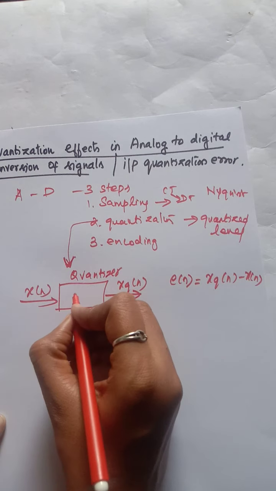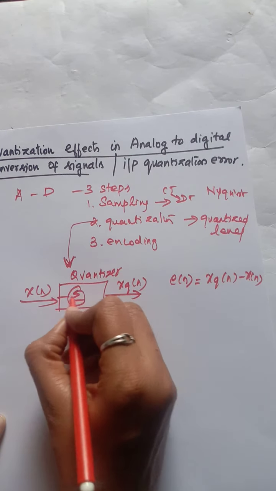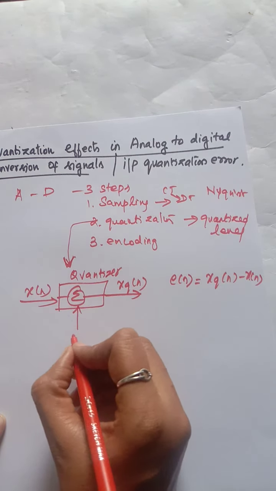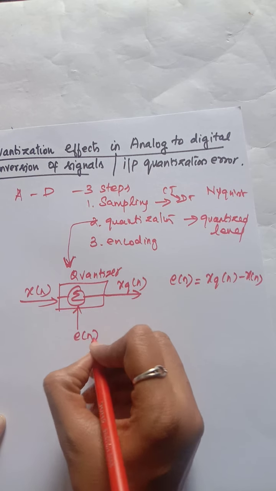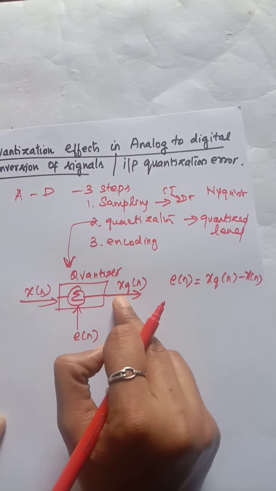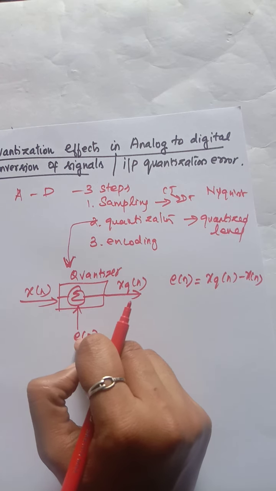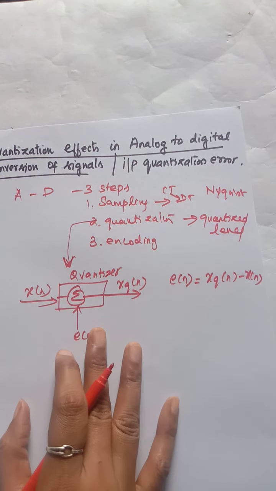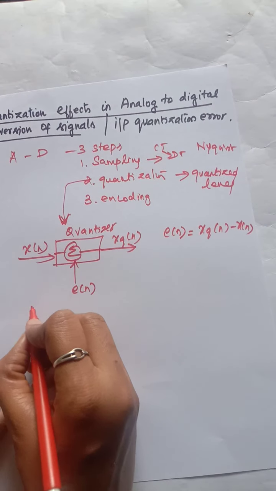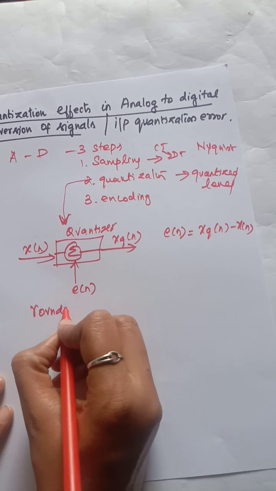So here you will have a summer, and you will get the quantization error e of n. So xq of n is nothing but x of n plus this quantization error. Since rounding is involved in this process, we are not going to perform truncation, we are going to perform rounding.